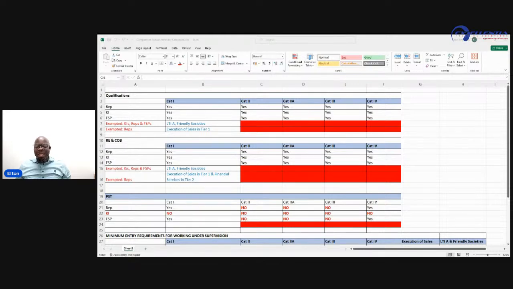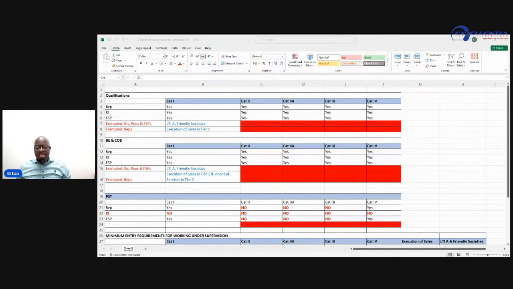Because when we talk of fit and proper requirements, remember, we are broader, we talk of the 5 elements. But this evening, I'm just going to focus on the competence requirements and how they specifically apply to different categories.